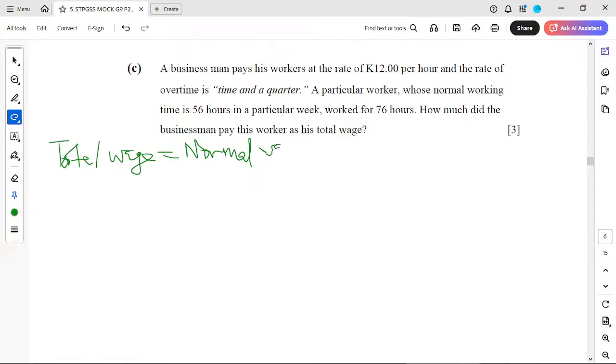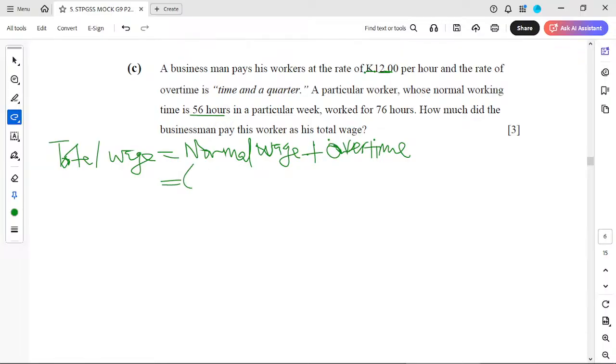So we can say normal wage plus overtime. Then we come down here. What is normal wage? We multiply the cost of work per hour times the hours worked, which is 56.